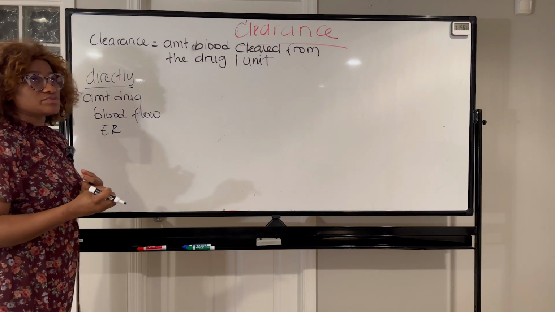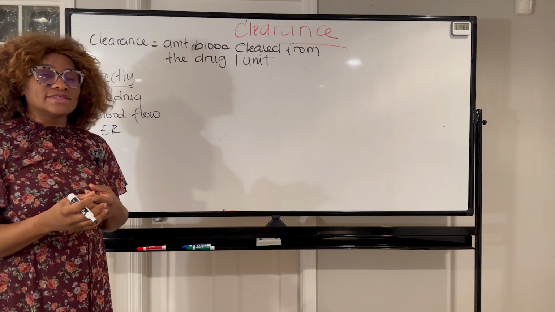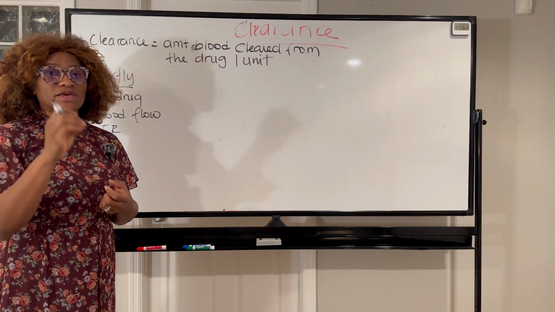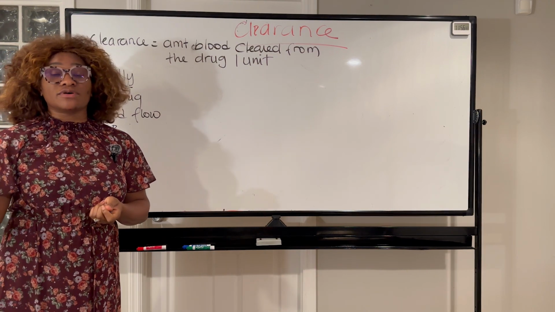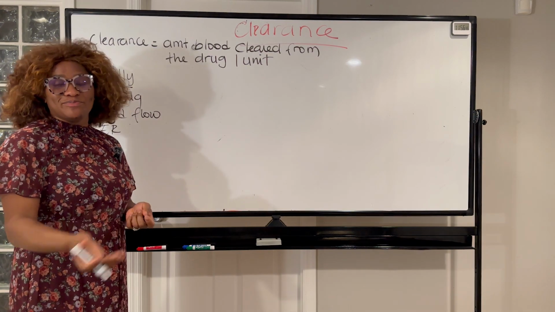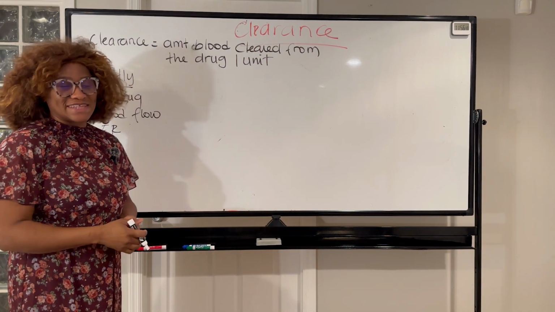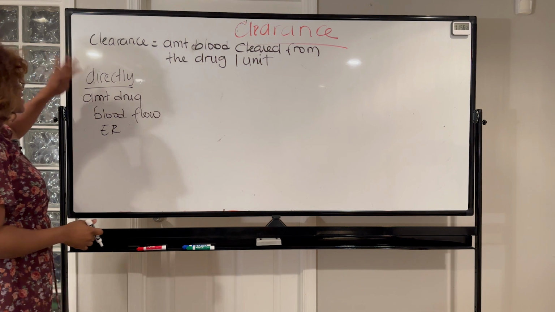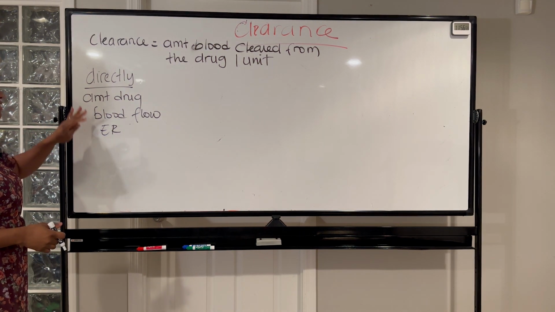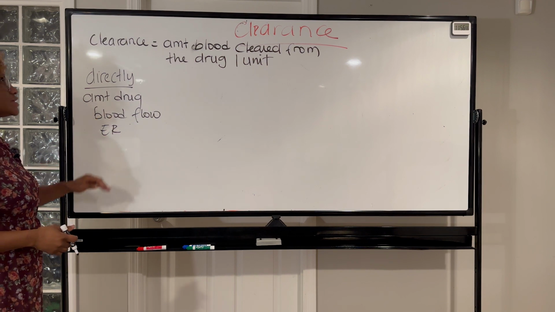The extraction rate is the percentage of the drug the cells are able to pick up from the blood. So the more they pick it up, the less drug in the blood. So these are the factors that directly affect clearance. They are directly proportional to the clearance.